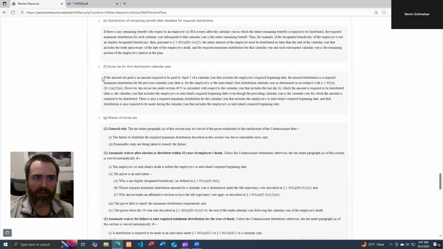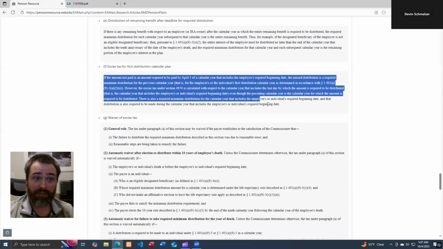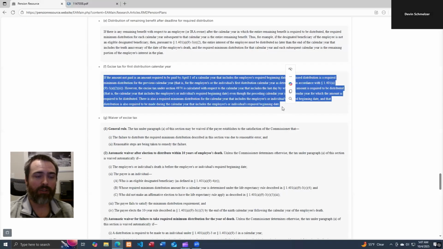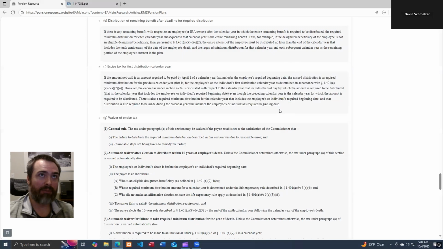When you look in deeper, it doesn't talk about, for specifically defined benefit plans, how to handle your applicable age year, the payments that begin by April 1st, how to calculate the excise taxes on that specific year. So on April 1st, you were supposed to begin your annuity payments for the rest of the year. So you have 9 months, say $1,000 in our examples above, that should have been paid. Well, what is the excise tax on that first year required distribution? I didn't see it in this reg.